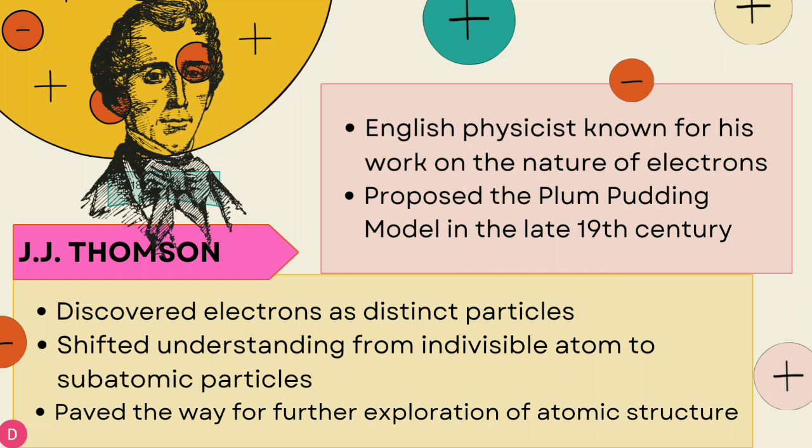Number one, this theory discovered electrons as distinct particles. Number two, shifted understanding from indivisible atom to subatomic particles. This theory paved the way for further exploration of atomic structure.